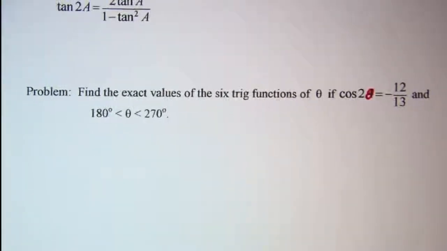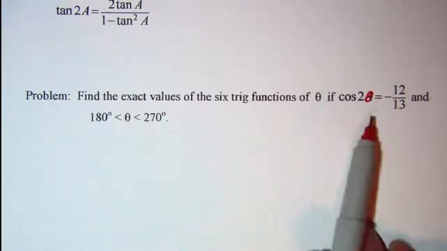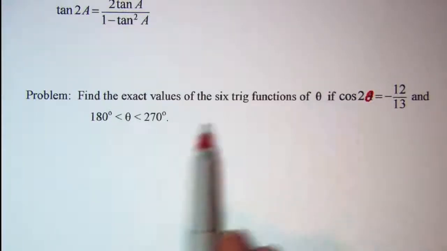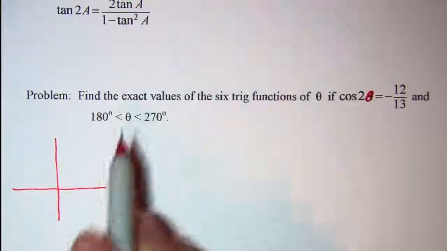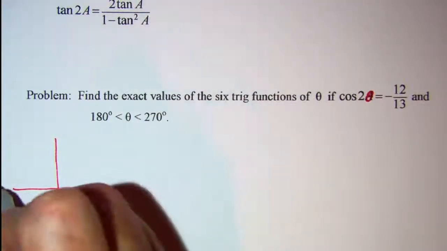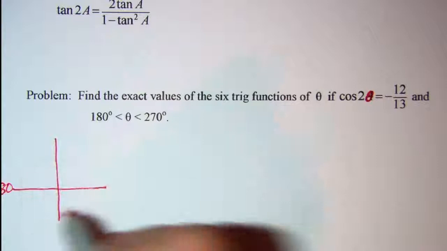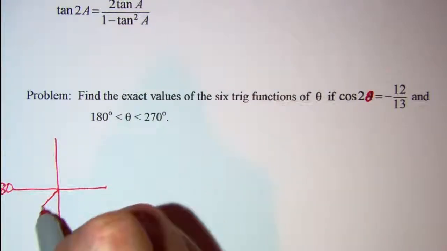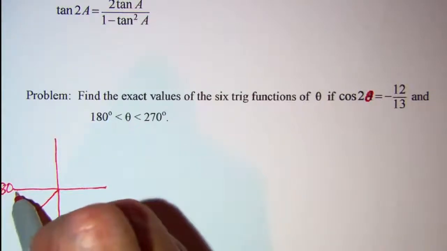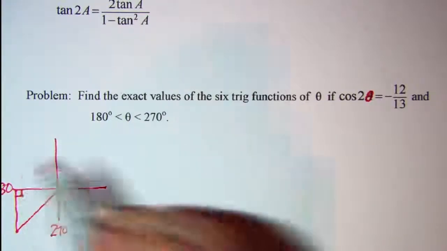So let's draw a sketch of theta. We know that it's between 180 degrees and 270 degrees. So our reference triangle will be in quadrant 3.